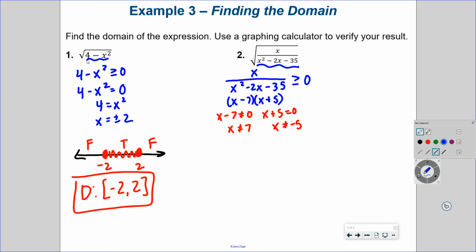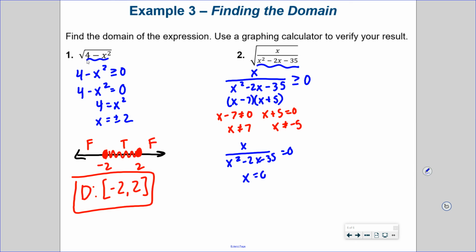Now when I go to solve this related equation, multiplying both sides by the denominator, I get X equals 0. There's another key number. 3 key numbers here. That's a solution. Those are undefined values.